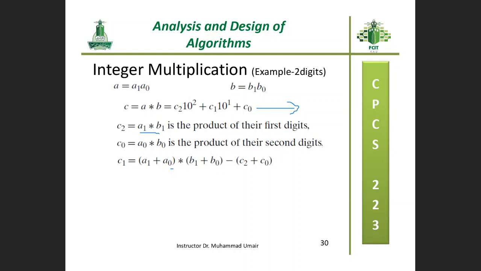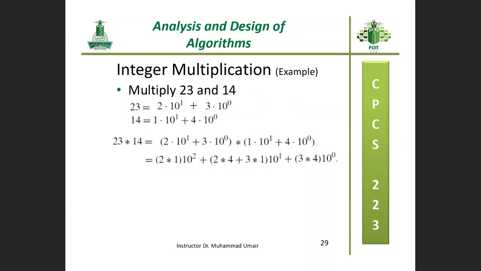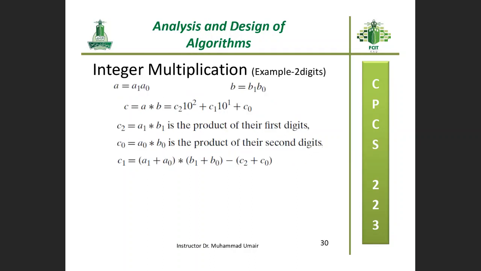Then you have to multiply the unit digits with each other, that is C0. And C1 can be rewritten as, rather than having two multiplications separately, we can rewrite it like this: A1 plus A0 into B1 plus B0.